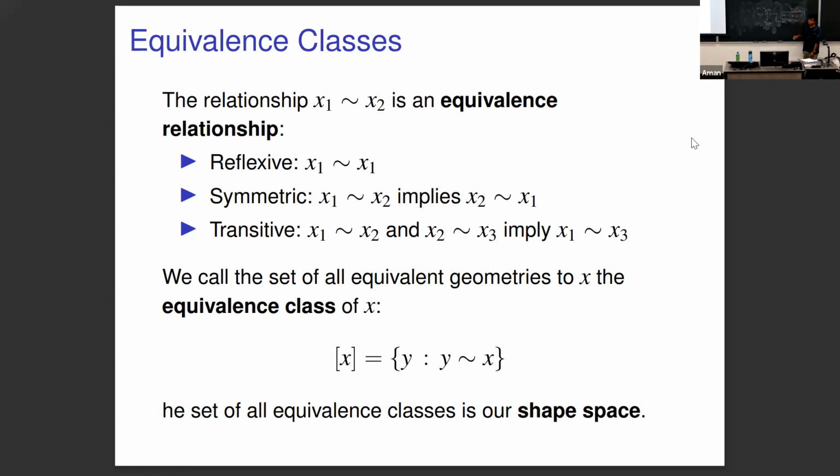Another property is that it's symmetric, which means that if x1 is equivalent to x2, that implies that x2 is also equivalent to x1. And it's also transitive: if one shape is equivalent to another shape, and that shape is equivalent to a third shape, the first shape is also equivalent to the third shape. Those are the three properties that we have, and then all these equivalence classes form the shape space.